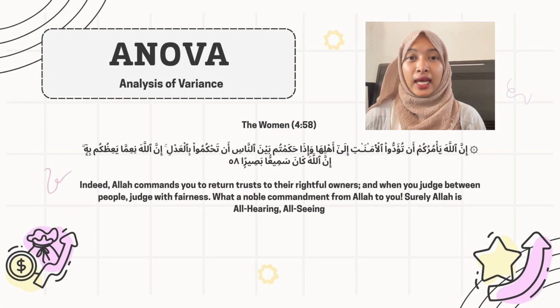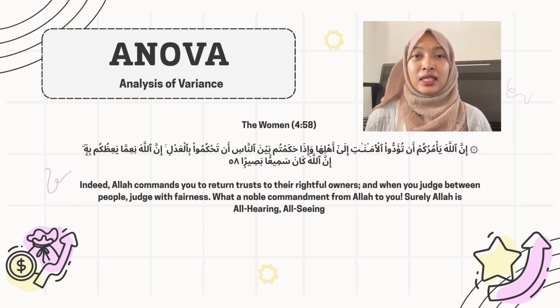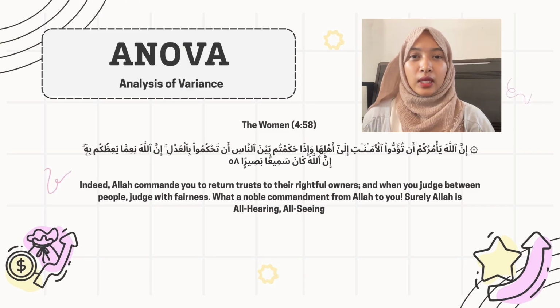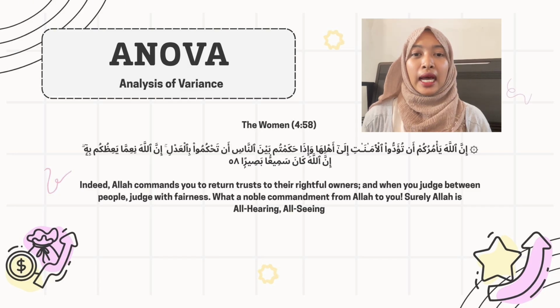Allah Subhanahu wa Ta'ala has written about ANOVA, or statistical measurement, in the Quran. It is written in An-Nisa, or The Women, ayah 58. Bismillahirrahmanirrahim, Innallaha ya'murukum an tu'addu al-amanati ila ahliha wa idha hakamtum bainan nasi an tahkumu bil adl, innallaha ni'imma ya'idhukum bihi, innallaha kana sami'an basira.